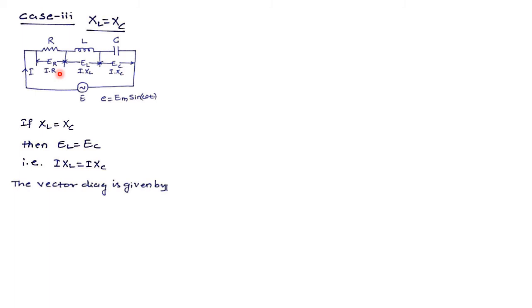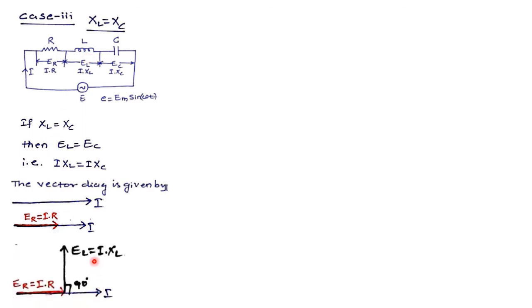I can observe again current I will remain common in all the components, hence I take current I as the reference vector and I draw all the remaining vectors with respect to this current I. Now current I is flowing through R, therefore ER will be in phase with the current I. It is flowing through L. So current I will be lagging behind EL by an angle 90, or EL will be leading the current I by an angle 90.